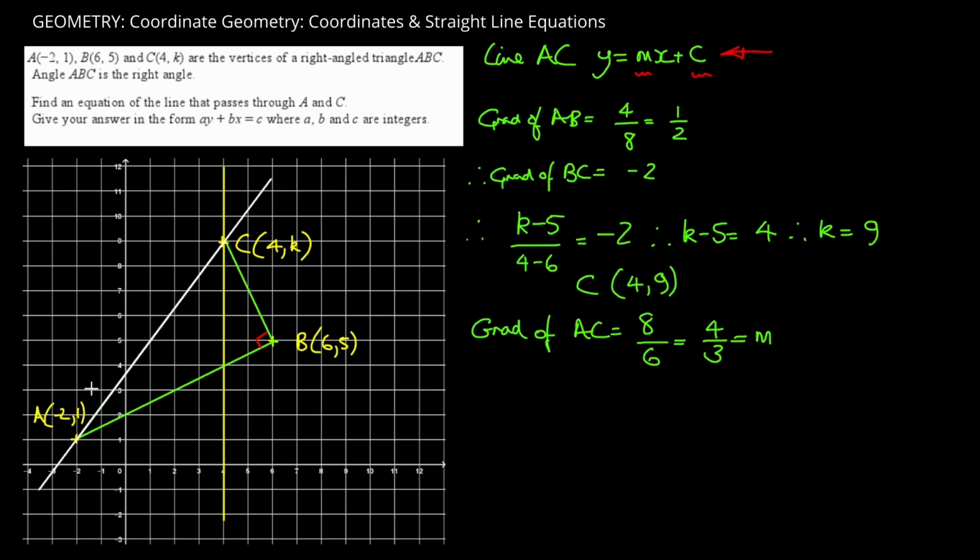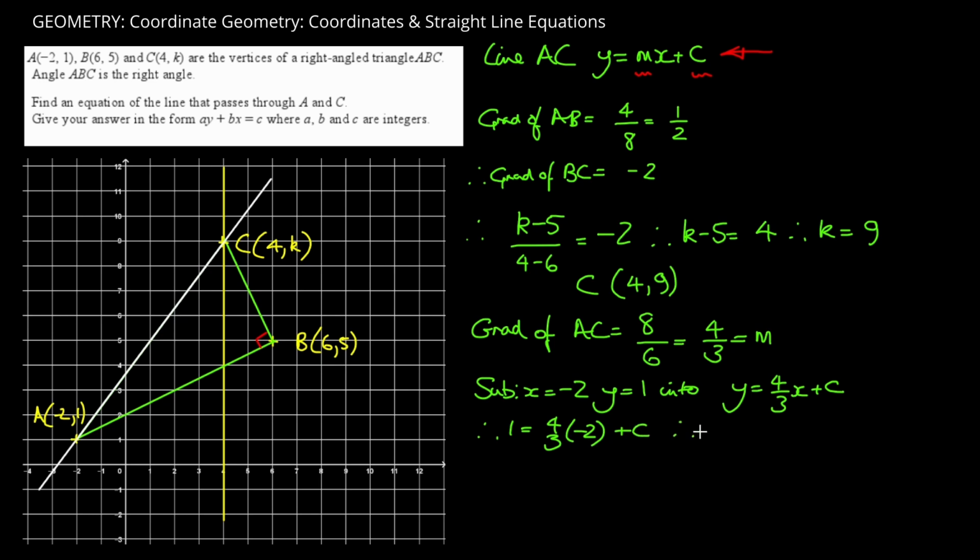And c is found by substituting one of the points, let's choose A, into the equation and solving for c. We get 1 is equal to 4/3 multiplied by -2, plus c. Therefore, 1 is equal to negative 8 over 3, plus c. As we're over 3, this 1 in over 3 terms is 3 over 3.